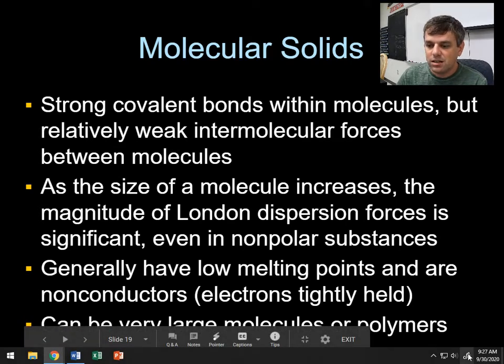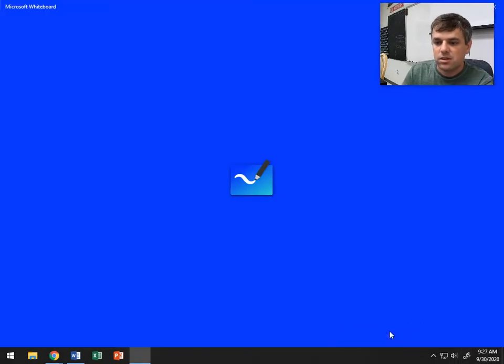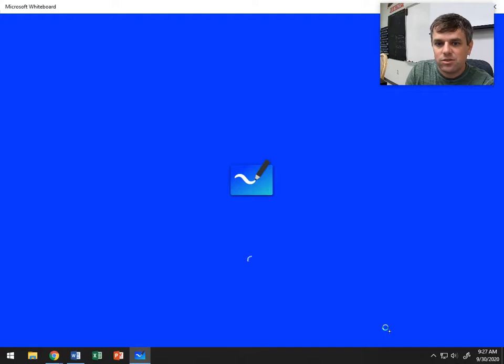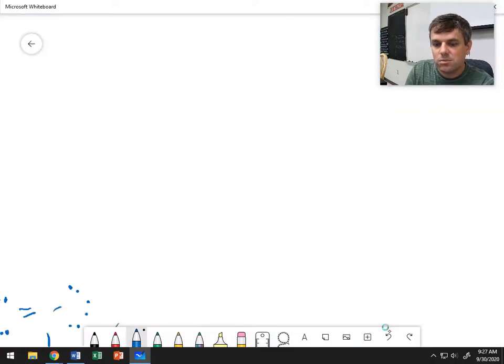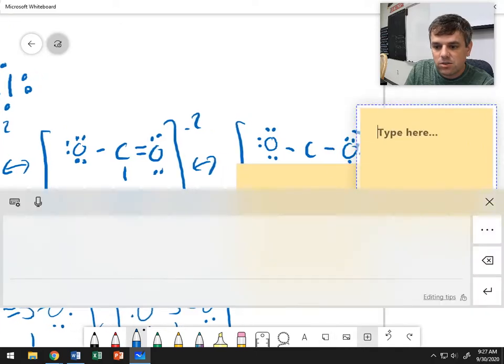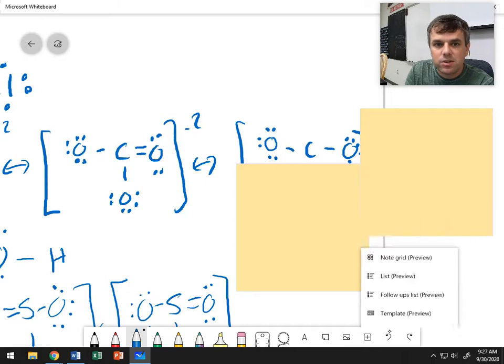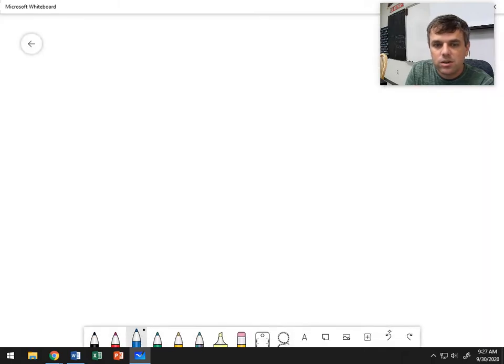For instance, polyvinyl chloride is a polymer, and that's essentially made, if I can bring this up, by taking, let's hold on. How do I make a new one of these? New. So we can take vinyl chloride, which looks a bit like this.